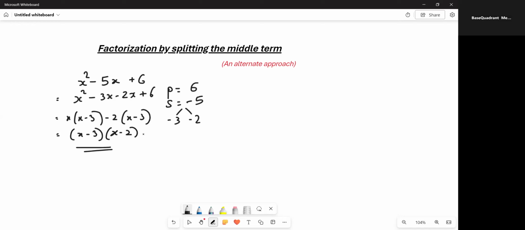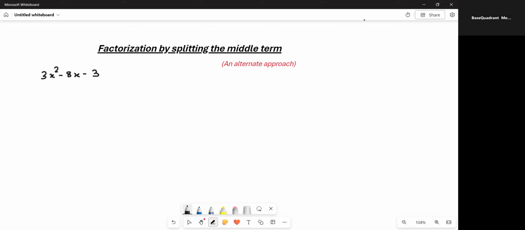Now let's use this new approach with an example. Three x squared minus 8x minus 3. Here, the product will be 3 into minus 3, correct? That is minus 9. And the sum will be minus 8.